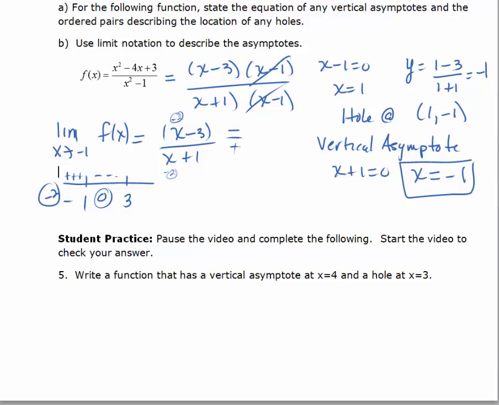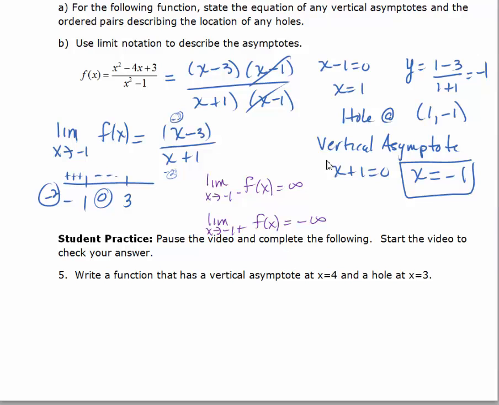And so the limit as x approaches negative 1 from the left is going to be positive infinity, and the limit as x approaches negative 1 from the right is negative infinity. This basically describes a vertical asymptote. If as x approaches a finite value, the function grows without bound, in either a positive or a negative direction, you have a vertical asymptote.